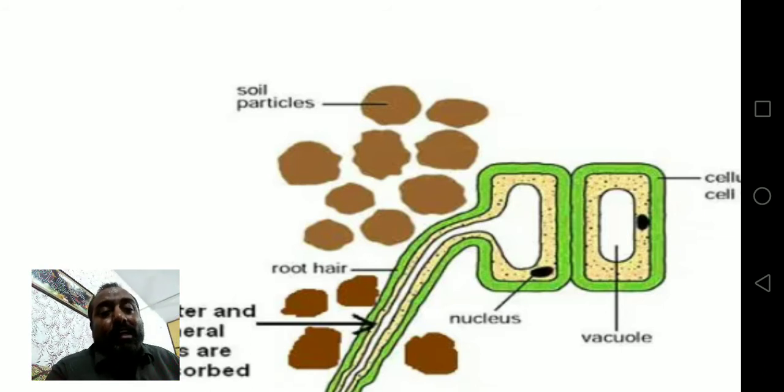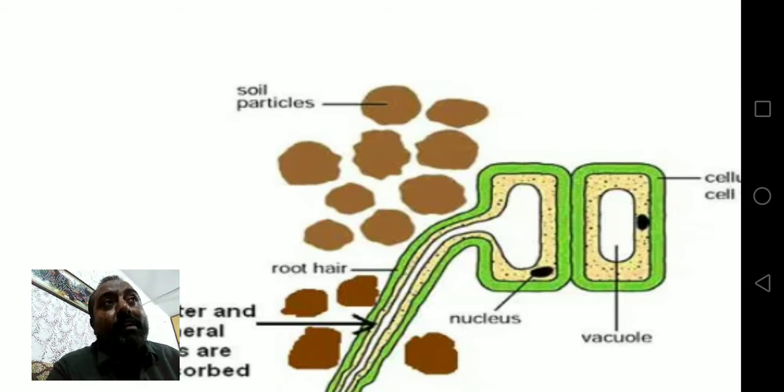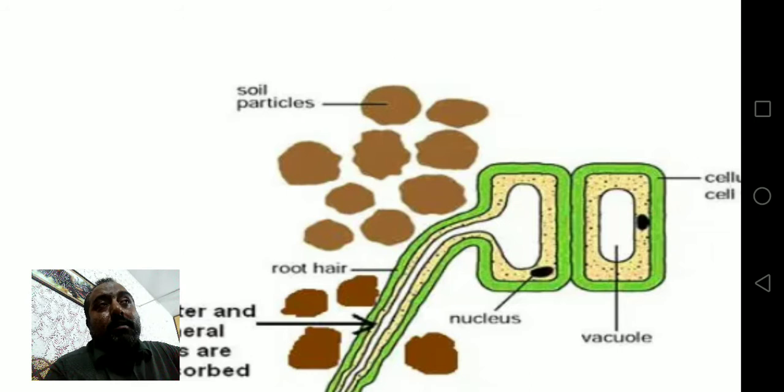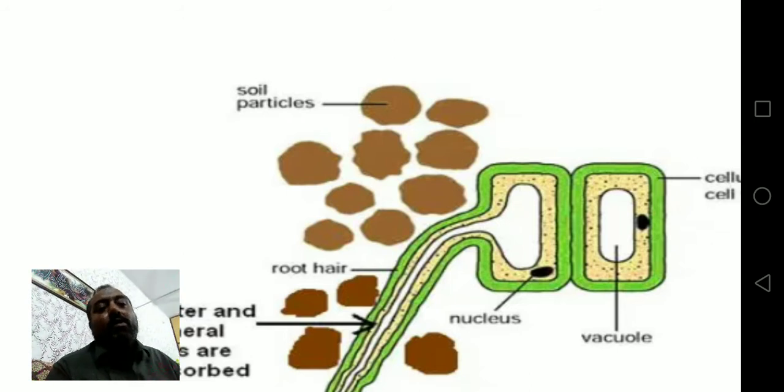Root hairs actually increase surface area. So let me tell you one very important thing. If you are going to refer to some structure in relation to surface area, you have to tell 2 things: of and for. I mean, you have to tell of what thing this structure is increasing surface area, and for what purpose this structure is increasing surface area.